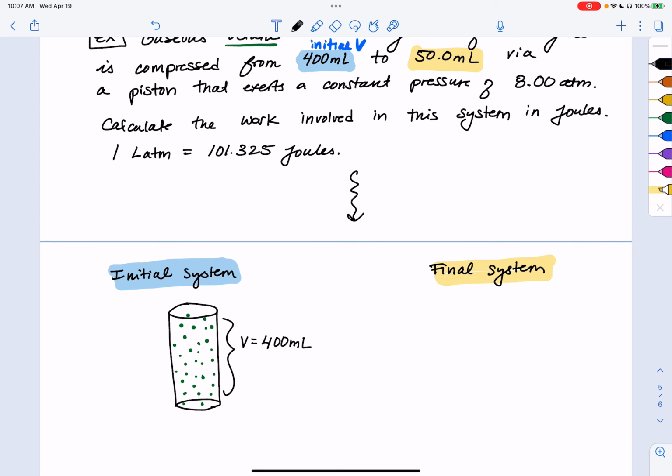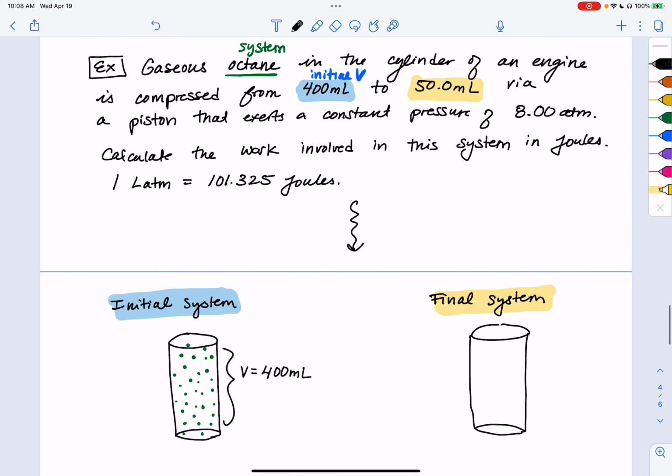We've still got our original 400 milliliter cylinder; this is still the total volume of the cylinder. However, the volume of that cylinder that my octane now occupies is limited. I'm down now to just 50 milliliters, so about 1/8 of the space.